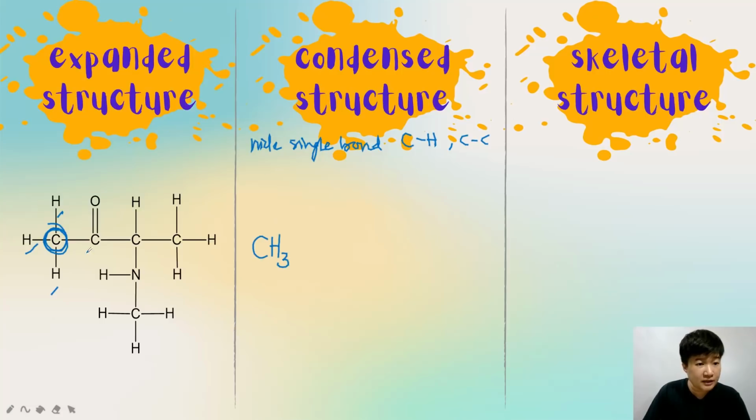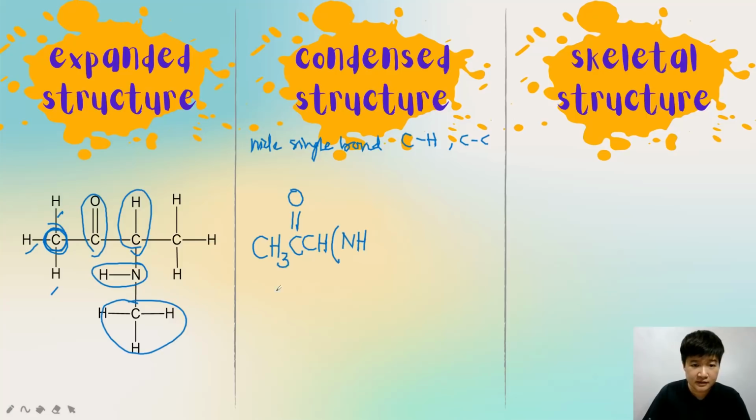But we can show the double bond. So the C double bond O over here, we are going to show it. C double bond O, and then single bond to a CH. Having a branch over here, the branch is NH, and the NH is also bonded with a CH3.